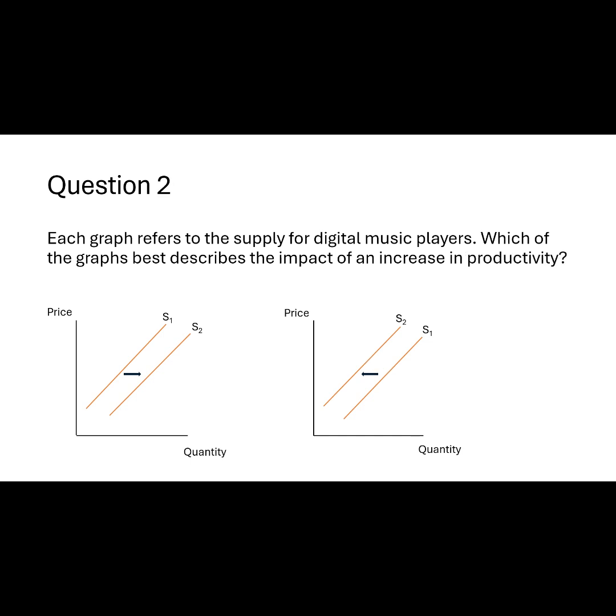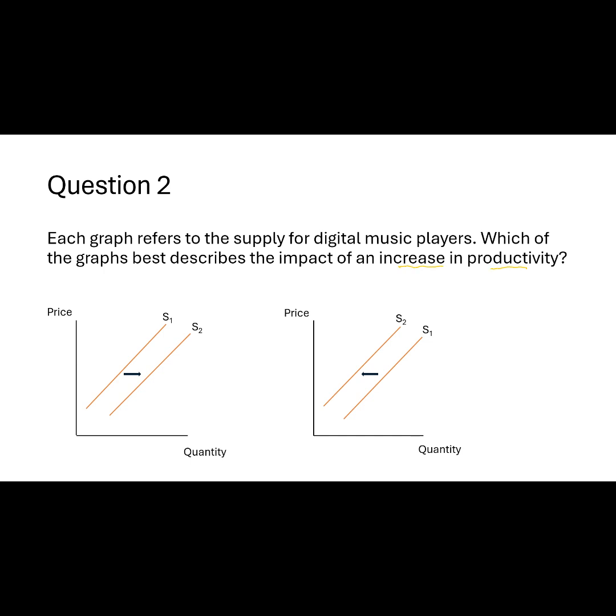All right, question 2. We have the same graphs, price and quantity. We have supply 1, supply 2. Each graph refers to the supply for digital music players, so same product. Which of the graphs best describes the impact of an increase in productivity? Okay, so now we have an impact of an increase in productivity.